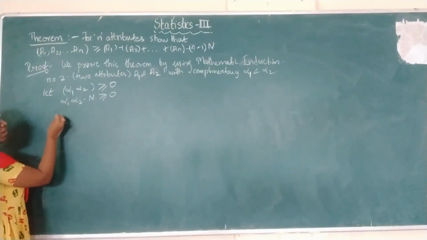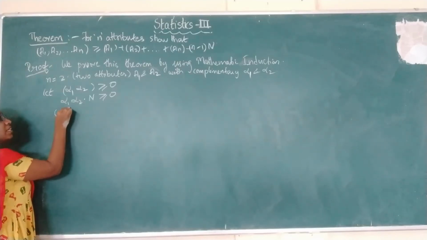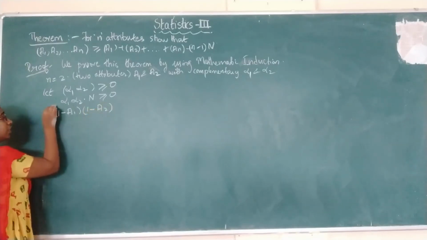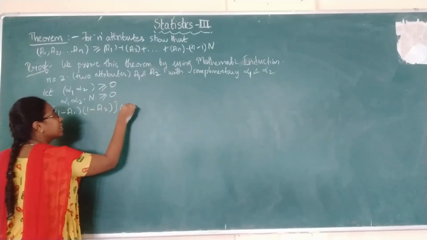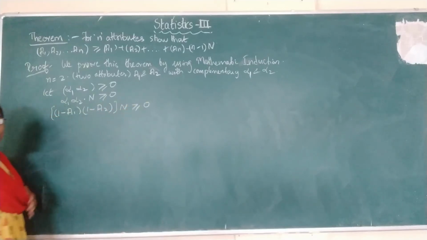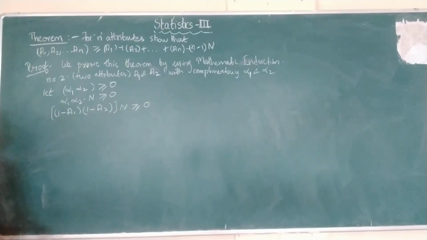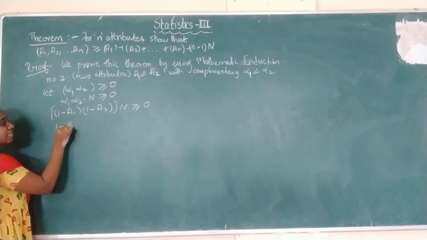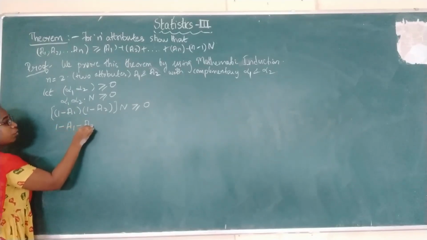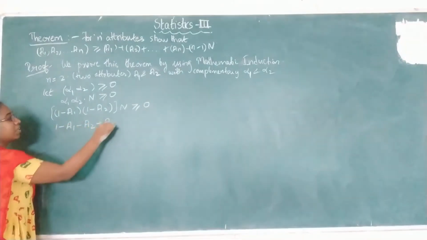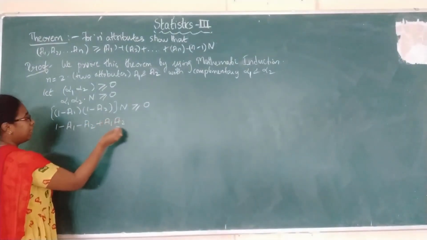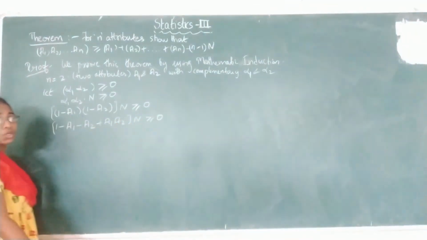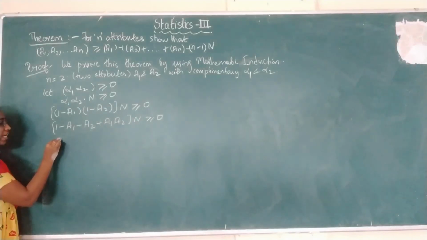So what is alpha 1? It is 1 minus A1 into 1 minus A2 into capital N, greater than or equal to 0. Now multiply these two terms, what will you get? 1 minus A1 minus A2 plus A1 A2, into capital N, greater than or equal to 0. Now multiply N inside, what will you get?